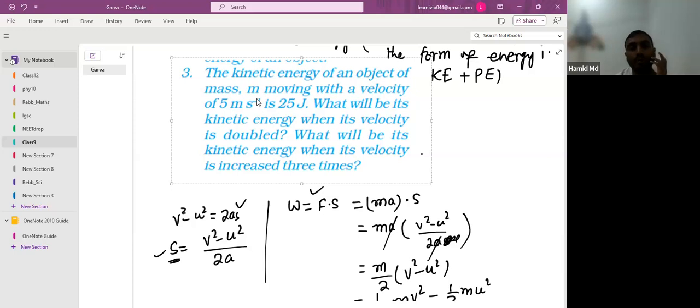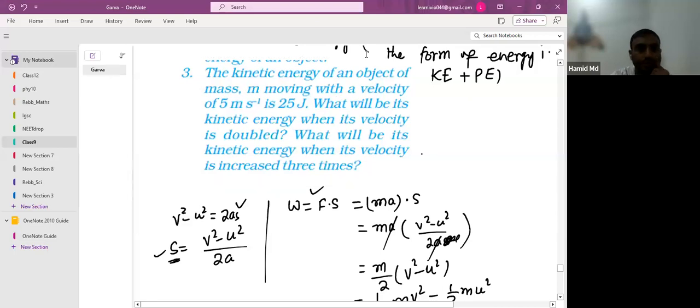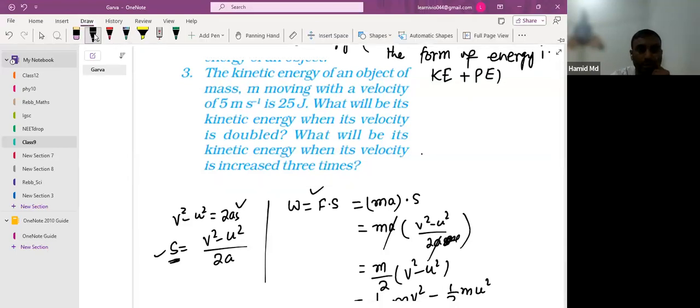No. The kinetic energy of an object of mass m moving with velocity 5 meters per second is 25 joule. So the first part of the question is simple. First of all, I'm changing the pen because there is no space here, so I will write in this space only.